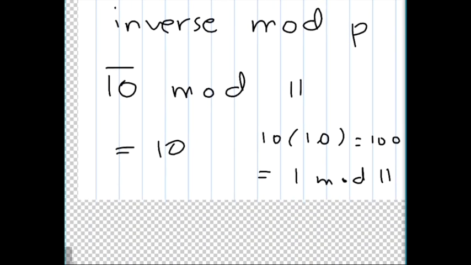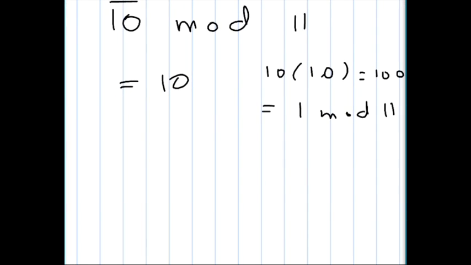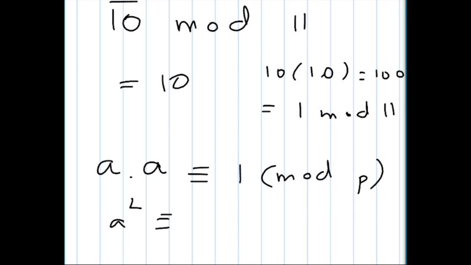So how many numbers are there from 1 to p minus 1 whose inverse is themselves? In other words, if I have a number a and I multiply it by itself and get 1 modulo p, or a squared is congruent to 1 modulo p.